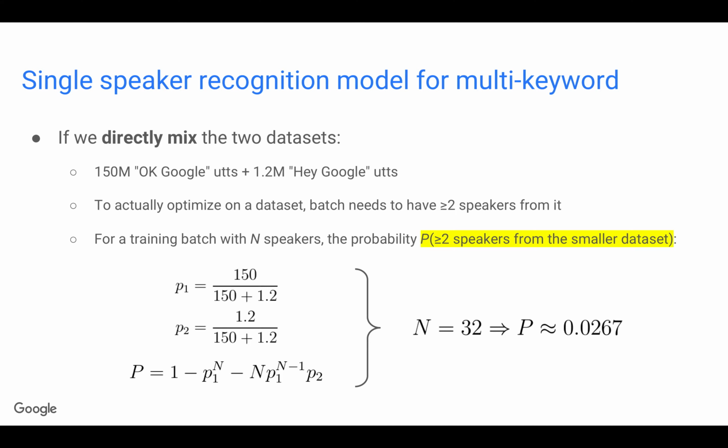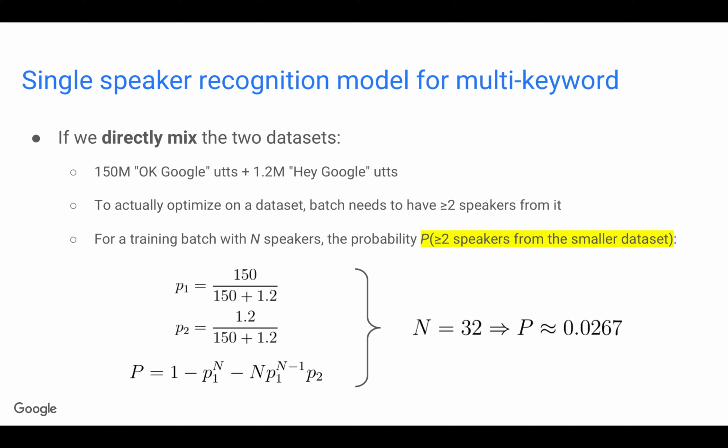If we directly mix the two datasets together, we need to make sure that every training batch actually uses both data sources. However, that means the batch needs to contain at least two speakers from each of the datasets.